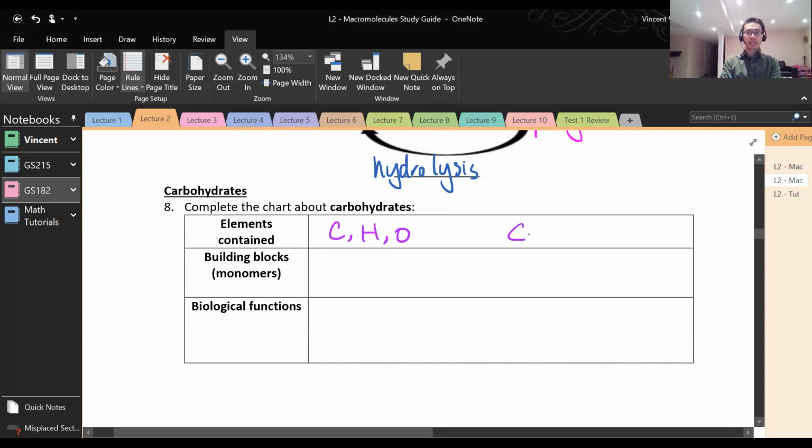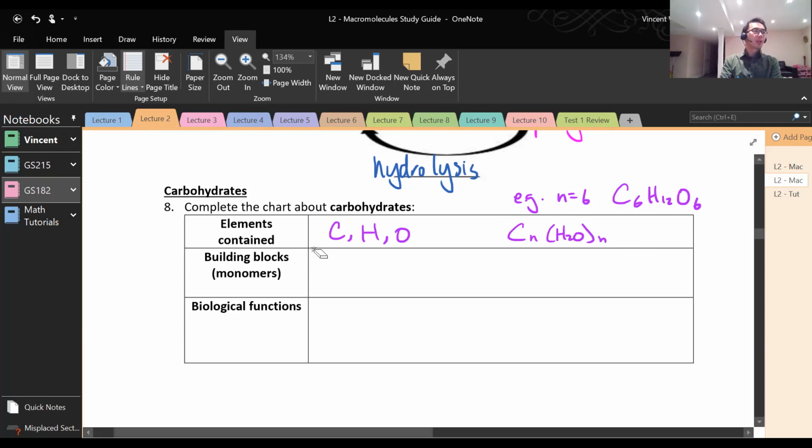So the general formula is CnH2nOn. For every unit of carbon, you will have the same unit of H2O, hydrates in it. So for example, if n is 6, then we have C6H12O6. You put a 6 here, 6 times 2 gives you the 12, and 6 times 1 gives you the 6. So that's basically your glucose, for example.